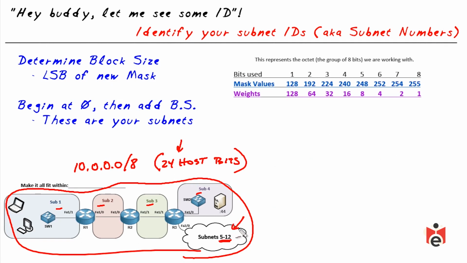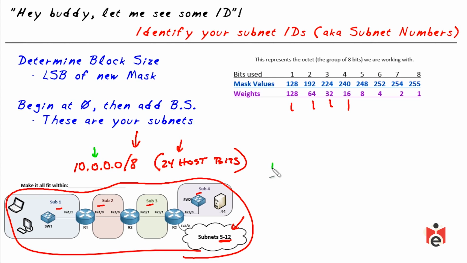So then the question is, what would the new mask be? The original mask is a /8. We're stealing 4 more additional host bits. Those are going to come out of the second octet in this example, because that's where our host bits are starting. And so if we stole an additional 4 host bits and allocated them to the network address space, what would the new mask be?